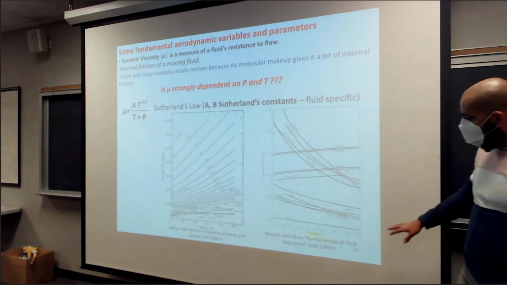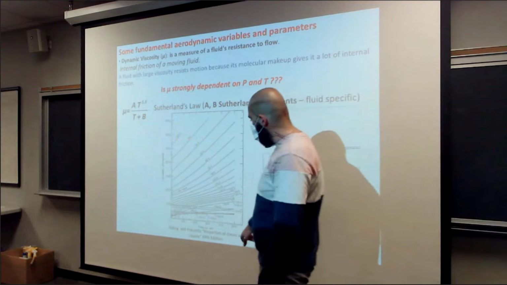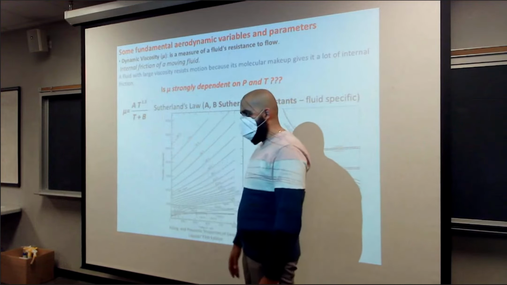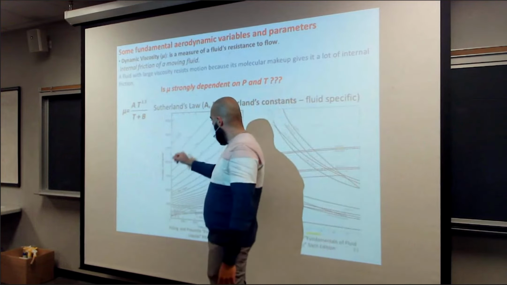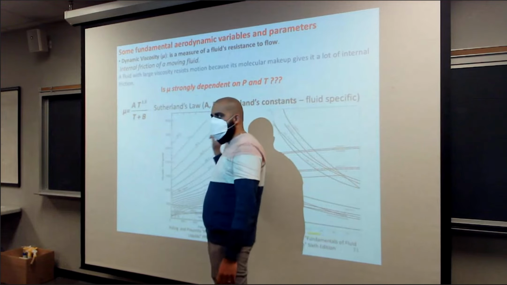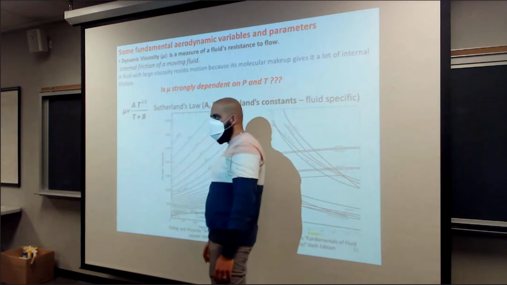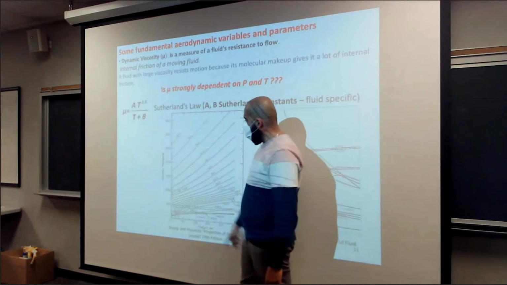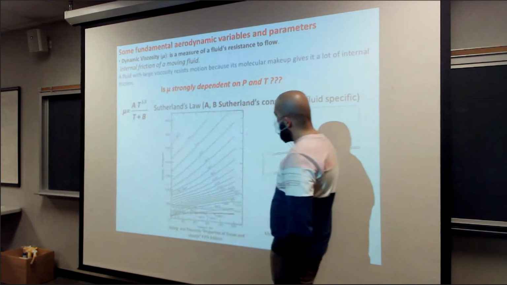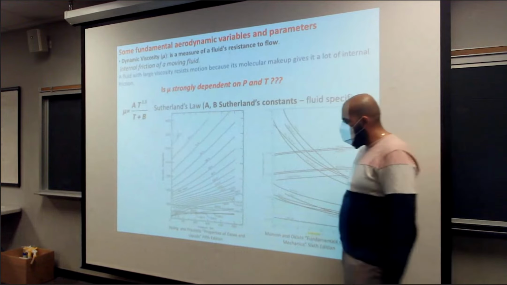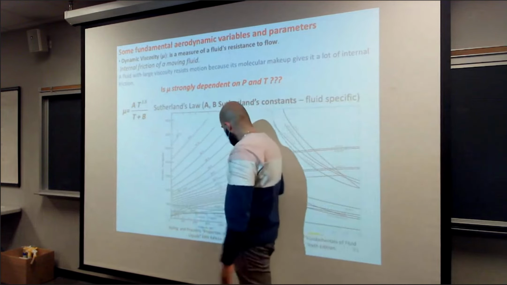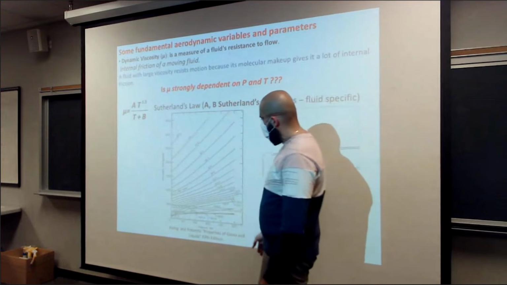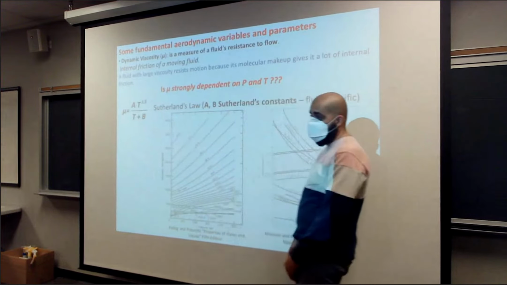We have these figures as well, showing the dependence of viscosity on pressure and temperature. These lines are isothermal lines, which means that on each line the temperature is constant. We have pressure on this axis and viscosity on this axis. As you increase pressure, the viscosity changes along an isothermal line, and for different temperatures you get different curves.